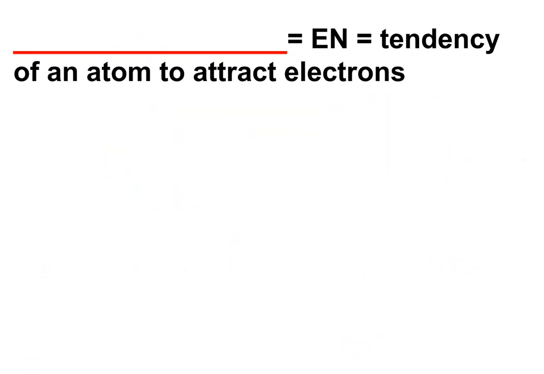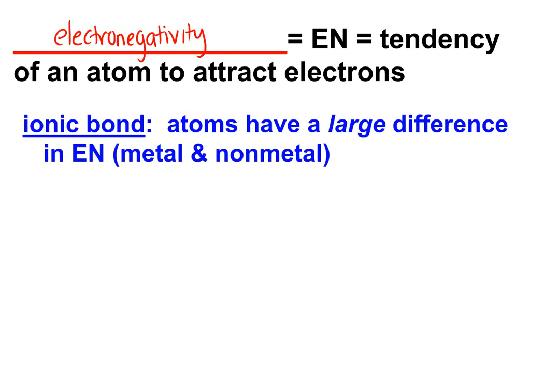Okay, a property of elements that we're going to be using when we talk about the kind of bonding is called electronegativity. Electronegativity is attraction to electrons, is an easy way to say that. How much pull an atom has on its electrons. And a lot of times we talk about it in terms of pull for electrons that are shared, but you can think about it just in general, that it's pull for electrons.